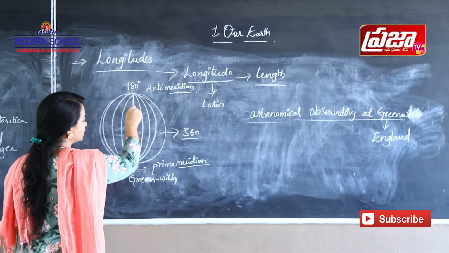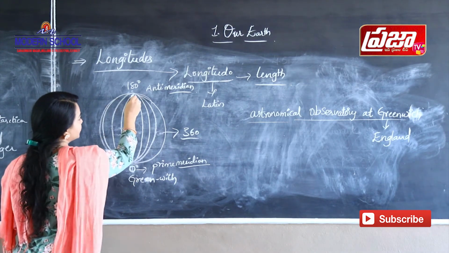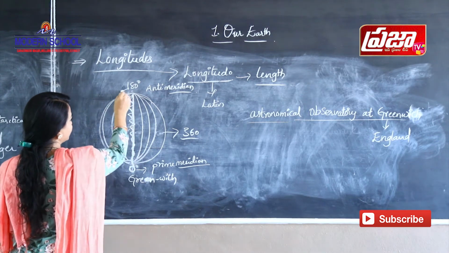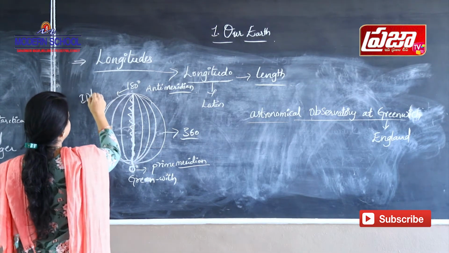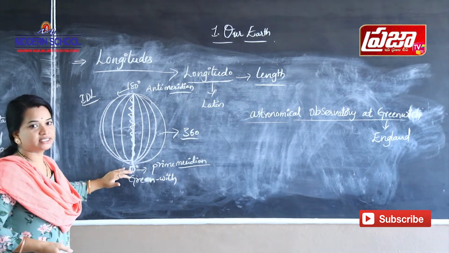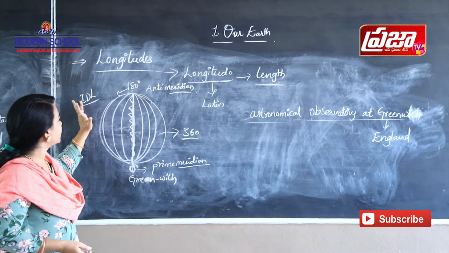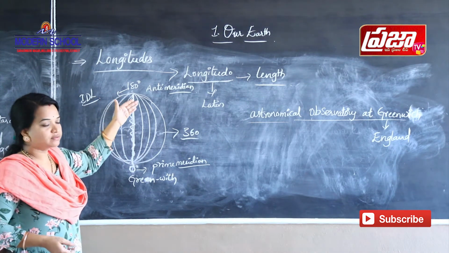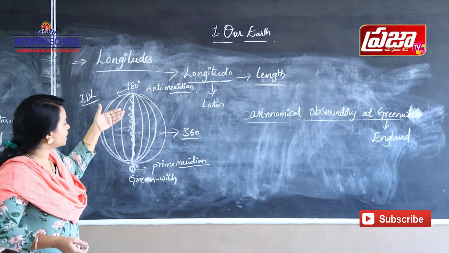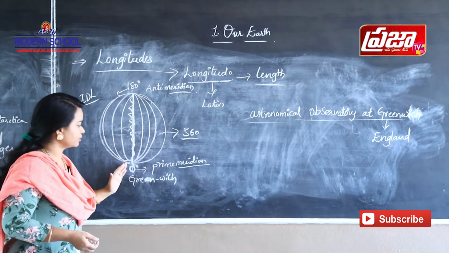And this 180 degrees longitude has not been drawn in a straight manner, it is in a zigzag manner because it has been taken as the international date line. From here onwards we start calculating the time for every place of the world. So, to cover the areas which are in the middle of the Mediterranean Sea and the small islands and small parts of Europe, it has been drawn in a zigzag manner.